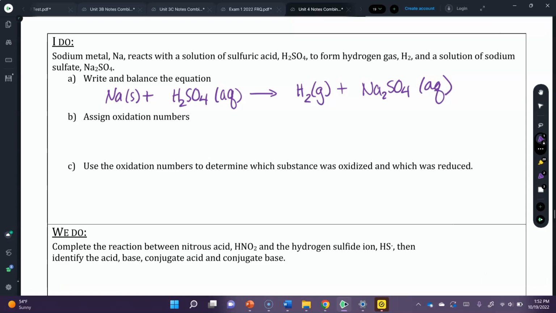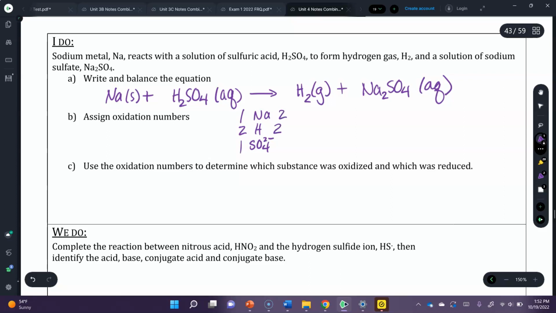Now we need to balance it. I can leave the polyatomic sulfate ion together and balance it as is. So I count on each side of the reaction arrow, and I see that I need one more sodium, so I'm going to write a 2 here, so that changes this to 2, and both sides now have the same number of each atom.